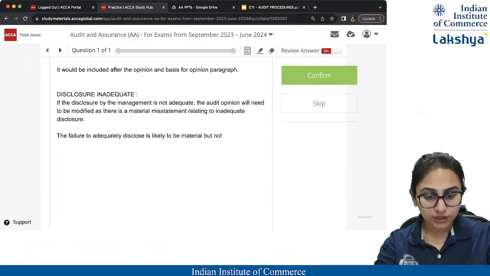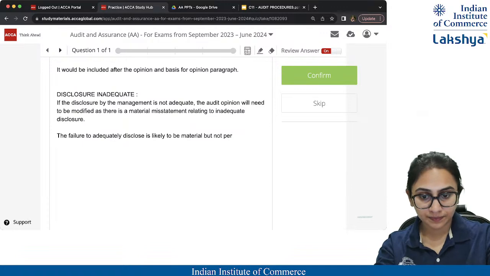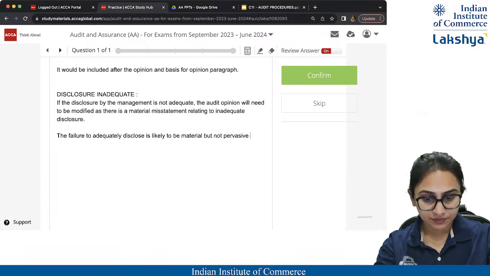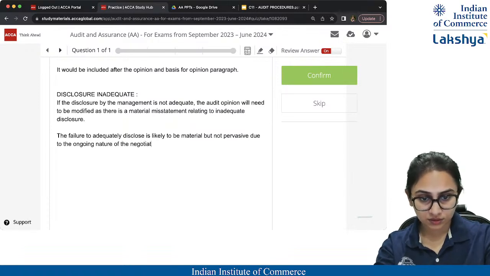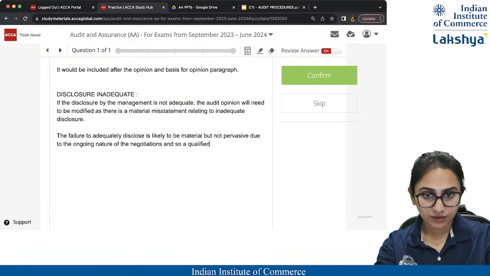So material but not pervasive due to the ongoing nature of the negotiations, and so a qualified opinion will be issued.